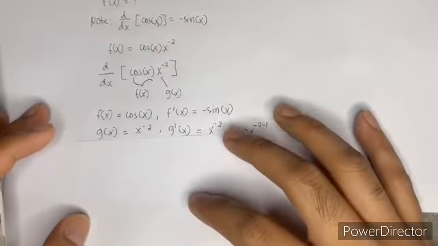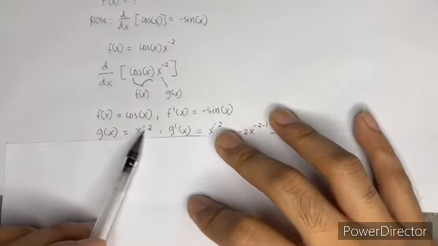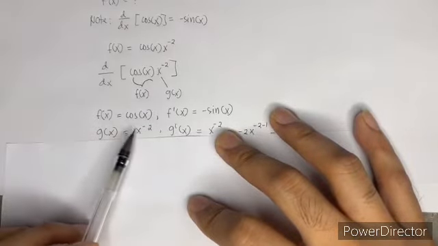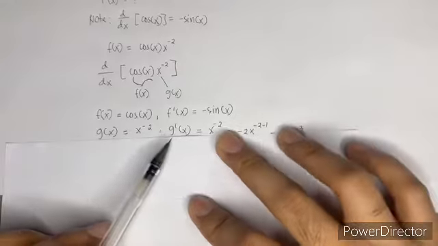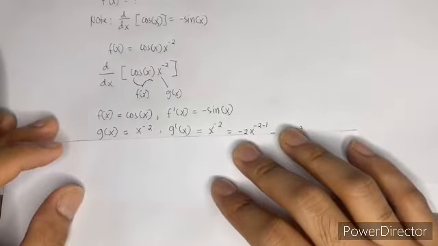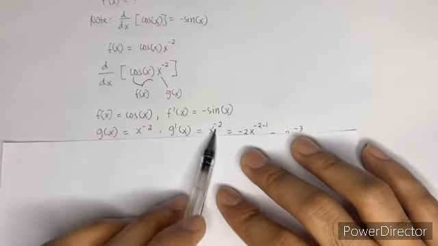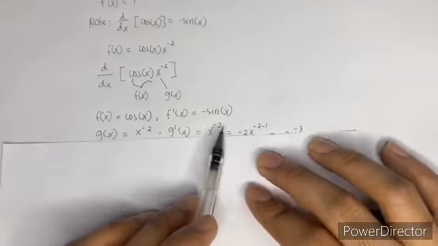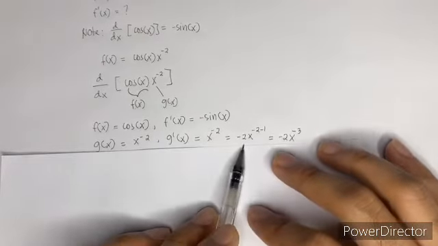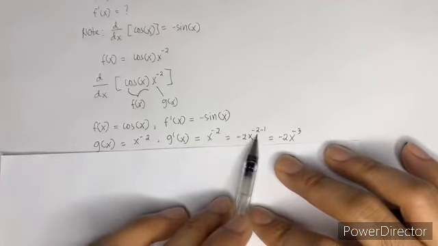So the second one, we have our g of x, which, as we all know, is x raised to negative 2. And our g prime, I discussed earlier how to get it using the power rule. So what happens here is x raised to negative 2, the base becomes negative 2. Just copy the variable, and also copy our exponent of negative 2.